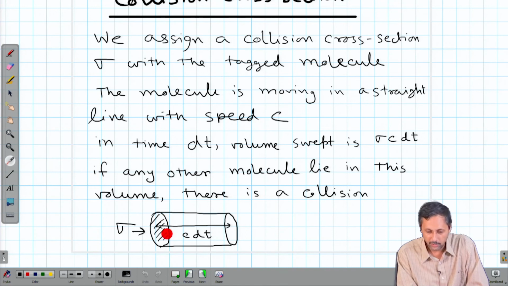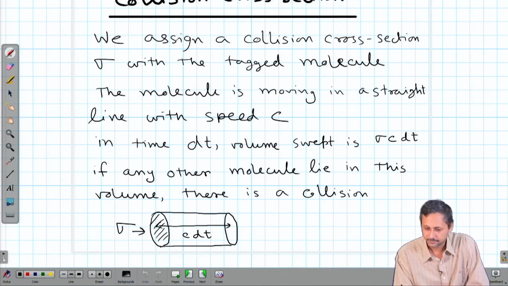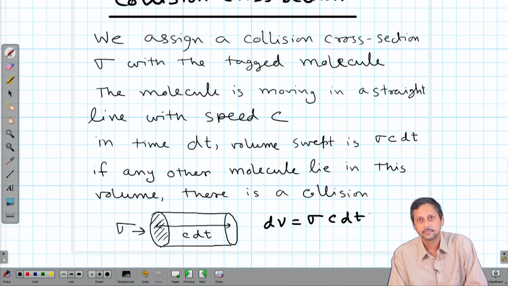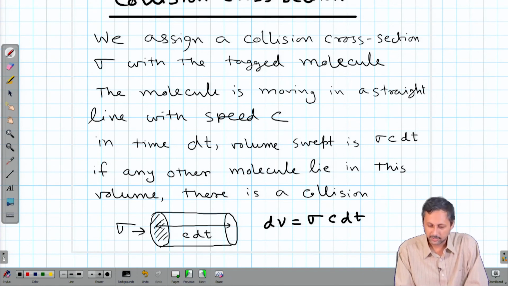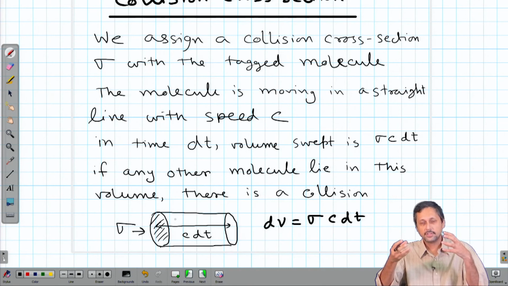So, the volume that is swept is nothing but dV is equal to sigma c dt. Right. Okay. So, this is the volume inside this cylinder here. Now, if and only if there is another molecule present in this volume, there is a collision.